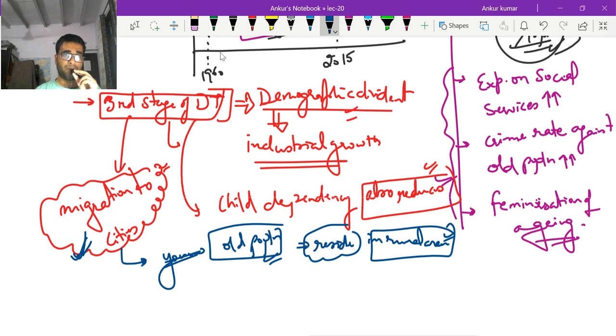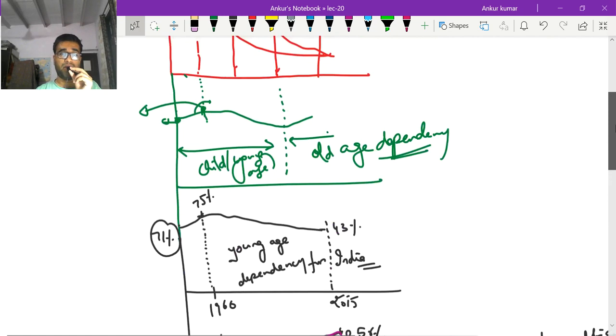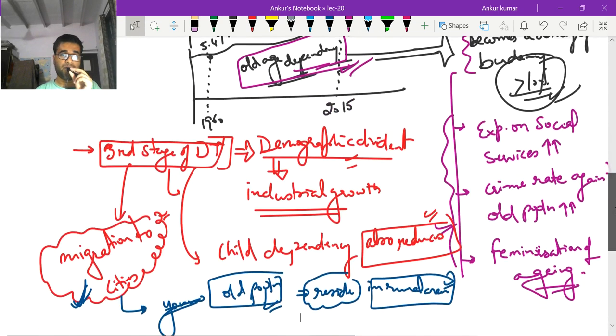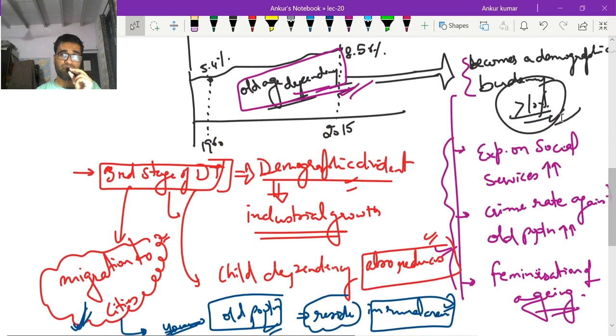So this was the main concept of aging, how aging is proceeding in India, and what are the negative effects of a country having more than 10% old age dependency leading to the demographic burden.